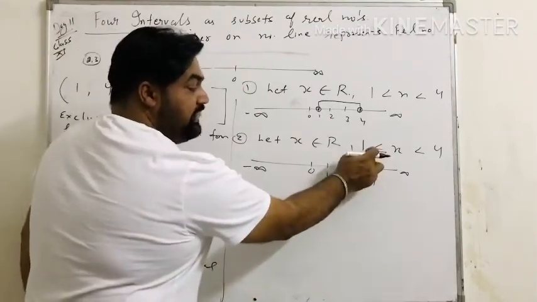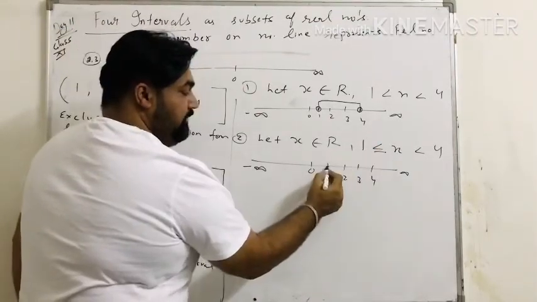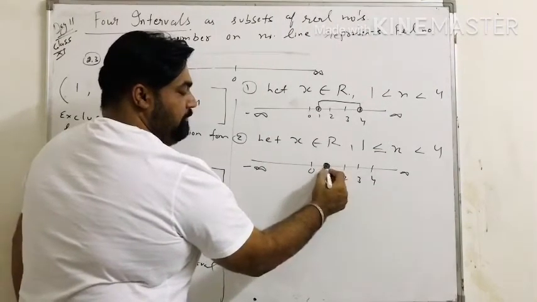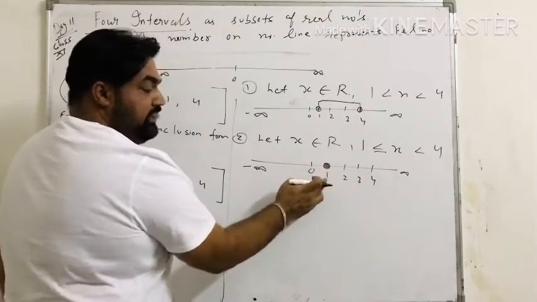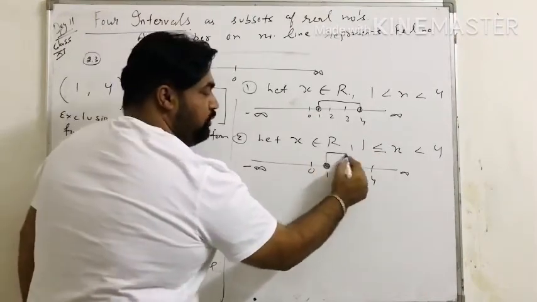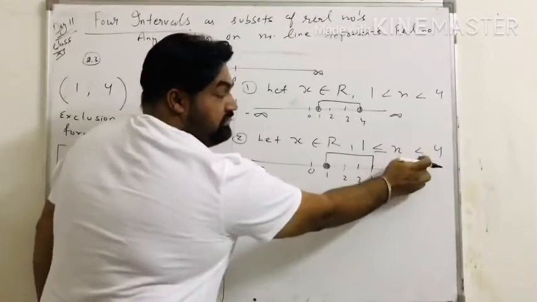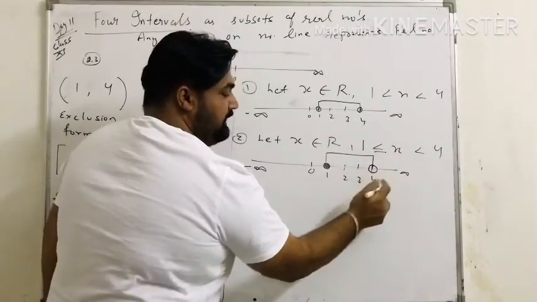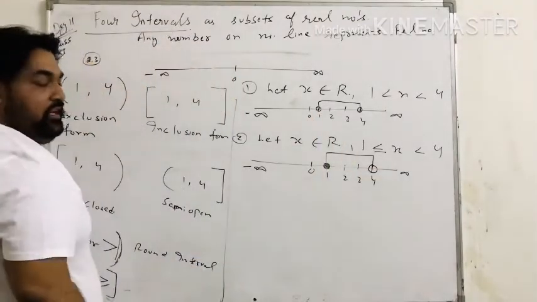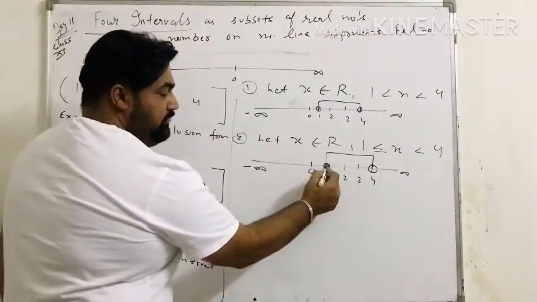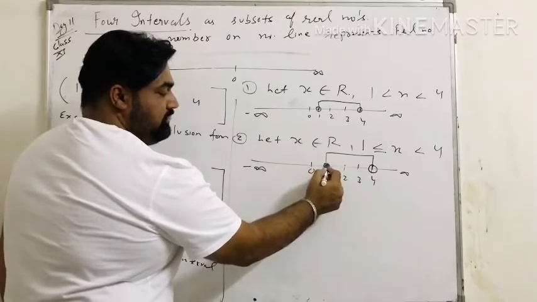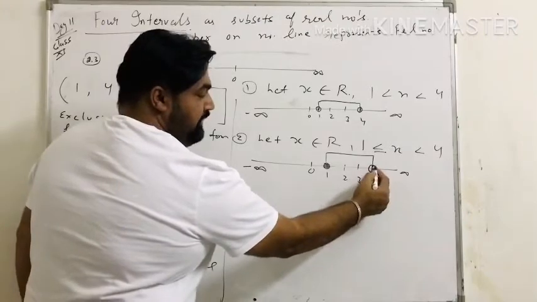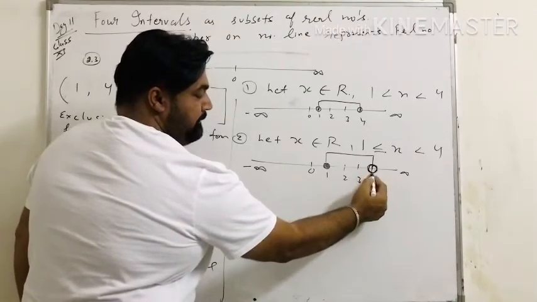Greater than or equal to means we represent this with a dark circle because this number is included. But in this case x is only less than 4, so we represent 4 by an open circle. If the number is included, we make the circle dark, and if the number is excluded, we represent the number in this way.